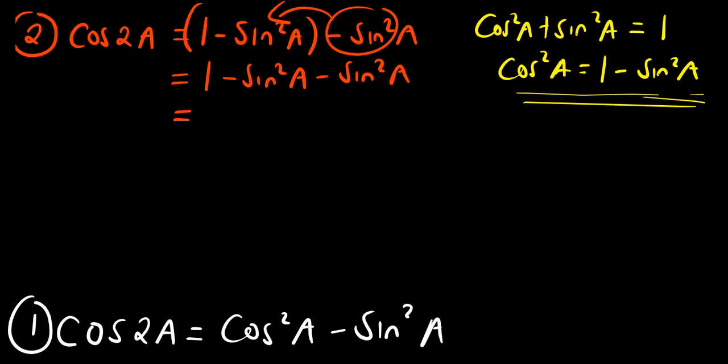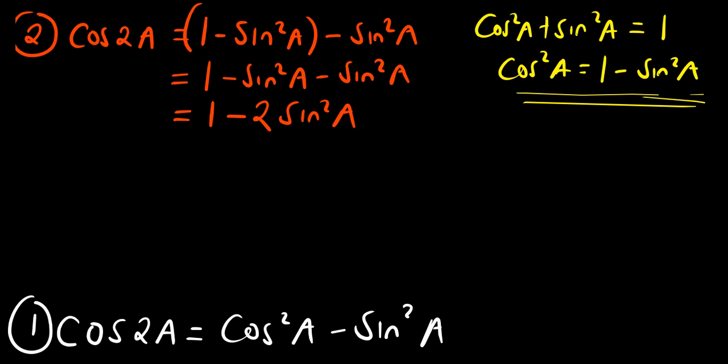It's just normal arithmetic, that's why I just remove the brackets. Then sin squared A and sin squared A are the same and they've got minus signs, so we're just going to say 1 minus 2 sin squared A. This is the second equation that you're not supposed to forget for cos.